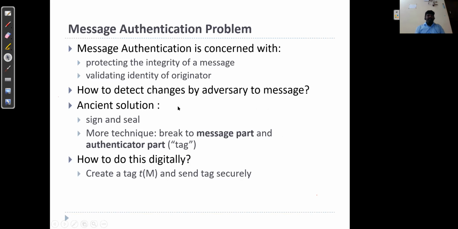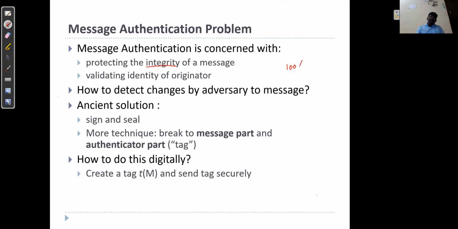Okay. So when we talk about message authentication code, the problem is that message authentication is concerned with protecting the integrity of the message as well as validating the identity of the originator. We all know what integrity is. Integrity means that if the sender is sending any message, it has to be delivered to the receiver without any modification.